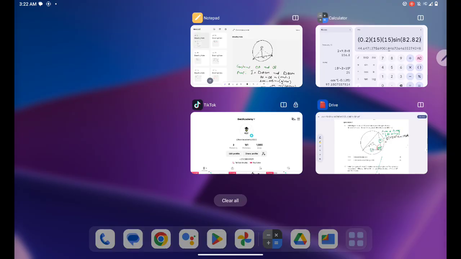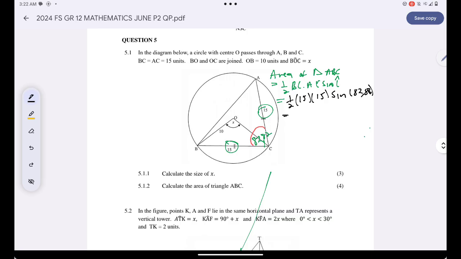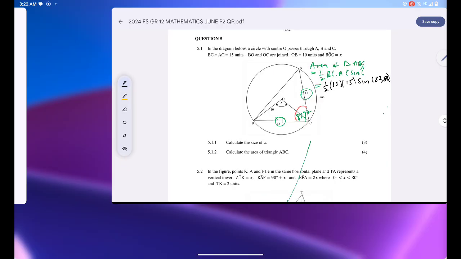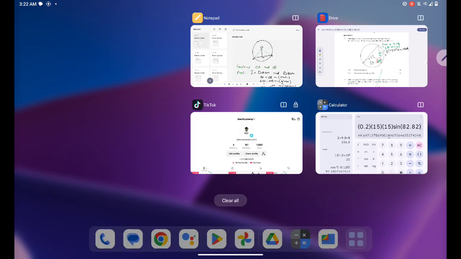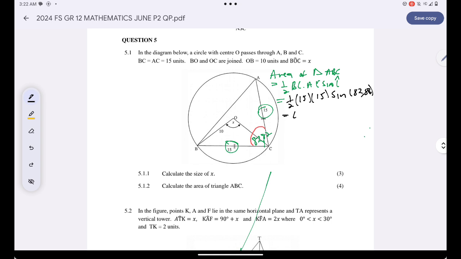Let me confirm. Yes. What do I get? 44.65. So my area will be 44.65 units squared. That would be the area of my triangle.